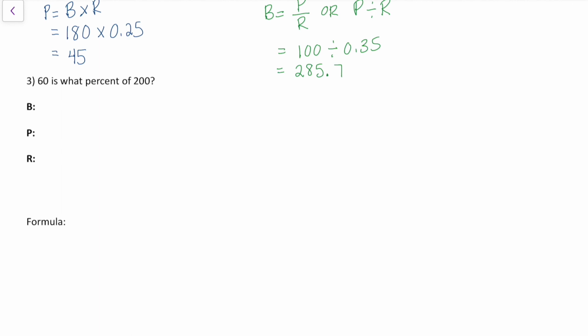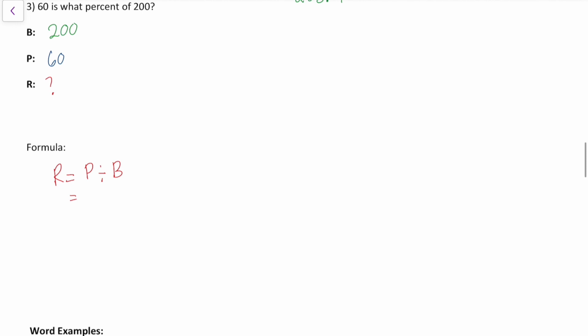And for question number 3, we said we were looking for our rate. 60 was our portion, and 200 was our base. So if I'm looking for my rate, rate is portion divided by base. So we get 60 divided by 200, which is 0.3 or 30%. So we like to put our answer back into that percentage.